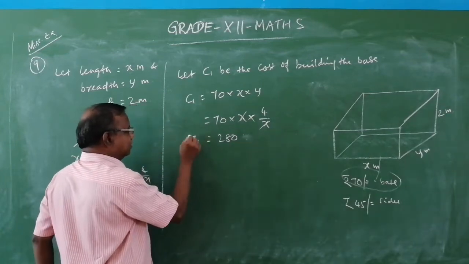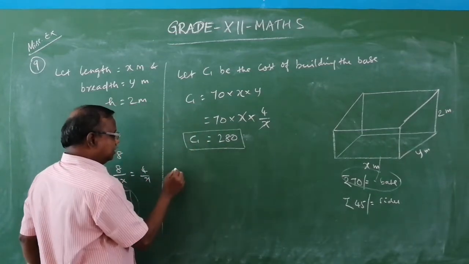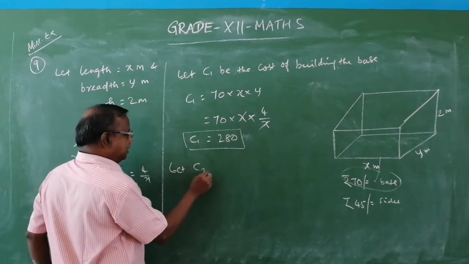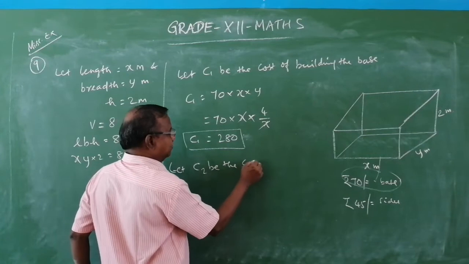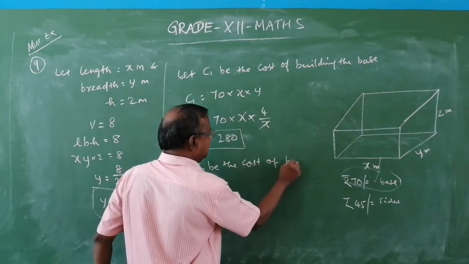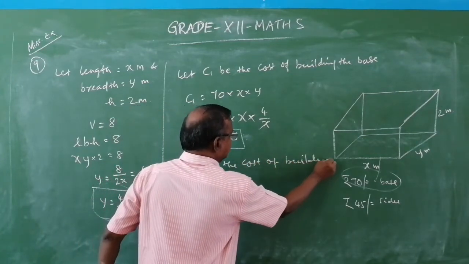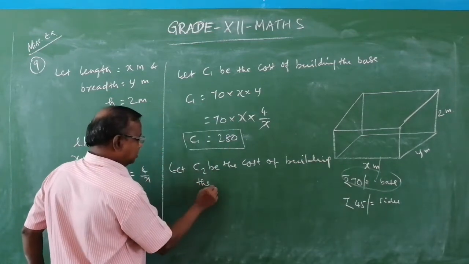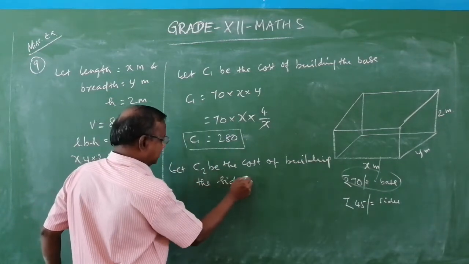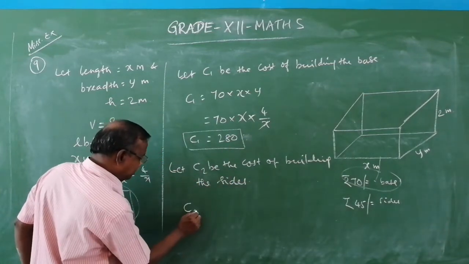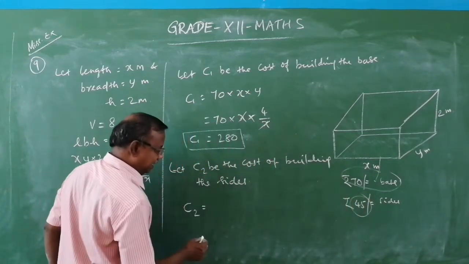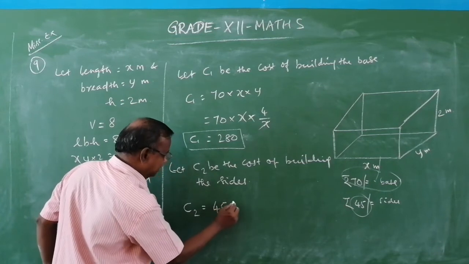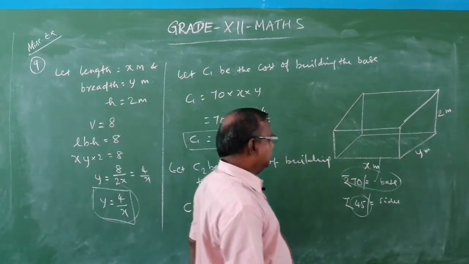So this is a constant. Let C2 be the cost of building all the sides. Therefore C2, the cost, equals the amount per square meter, that is 45, into the area.